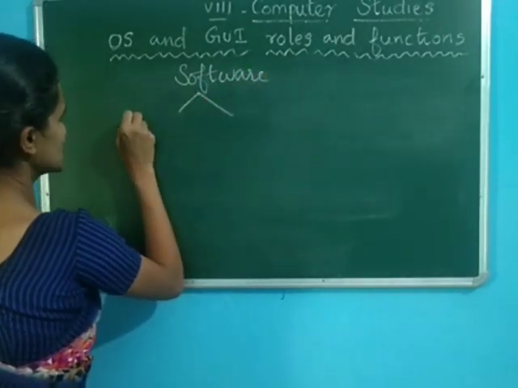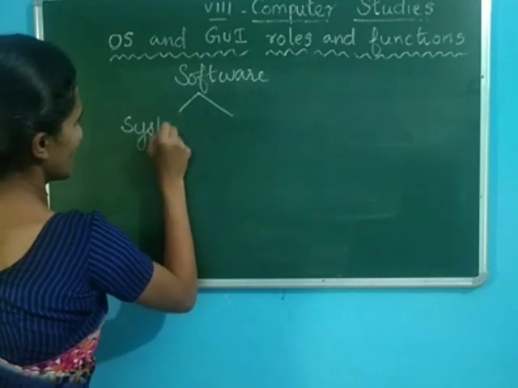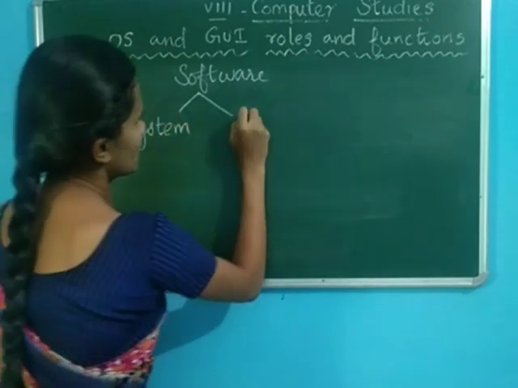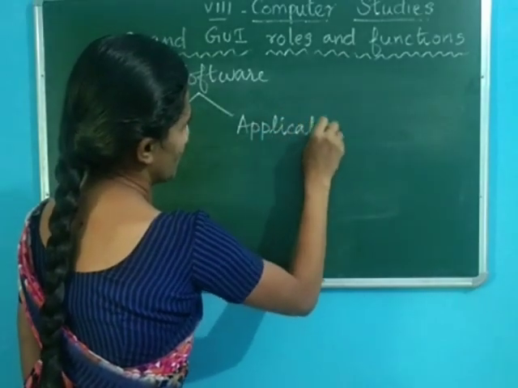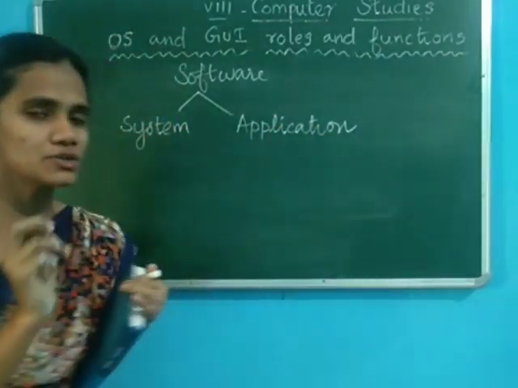The first one is system software. The second one is application software. These are the two categories.